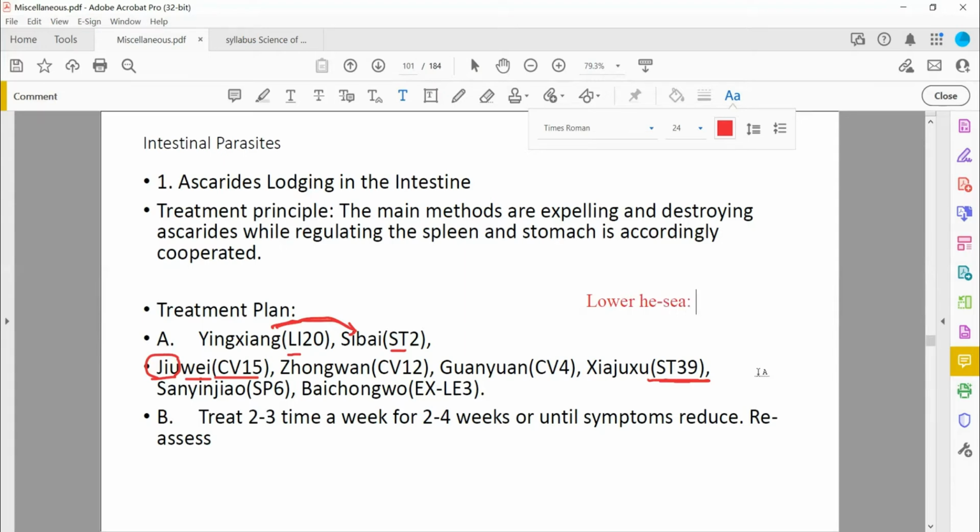Lower He-Sea point. We have six lower He-Sea points in total. So for the four organs, that will be the large intestine, lower He-Sea, small intestine, TE.